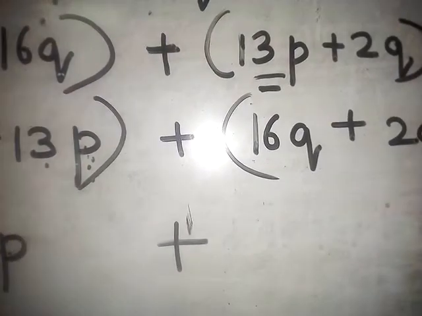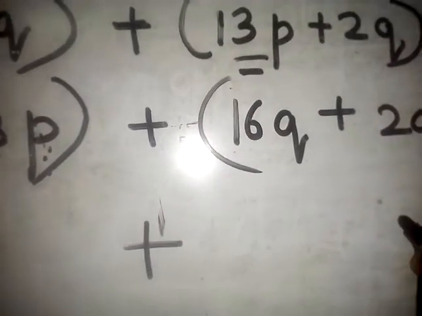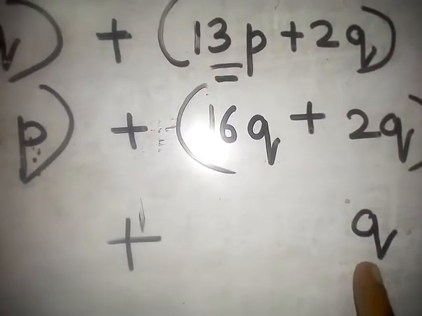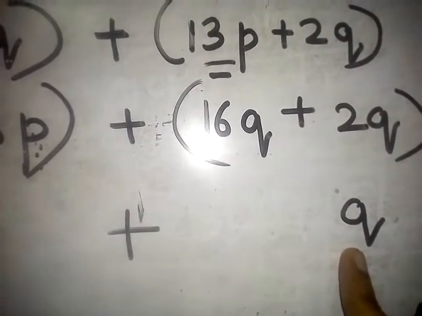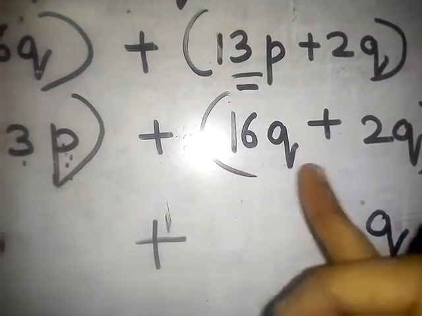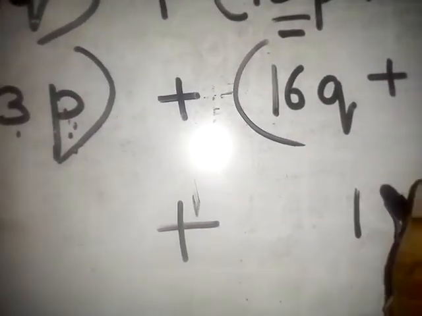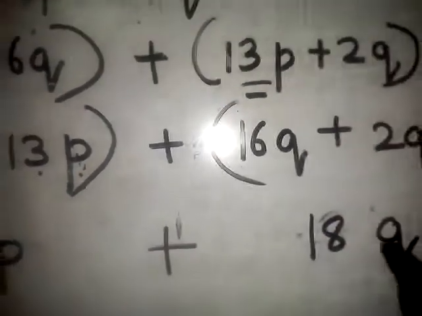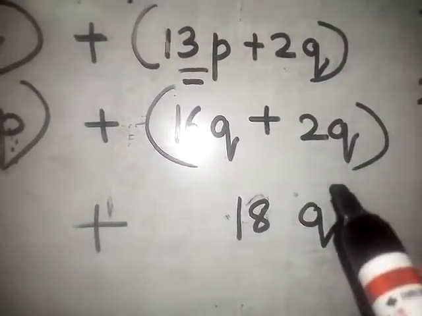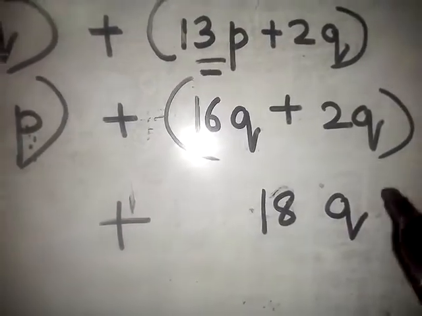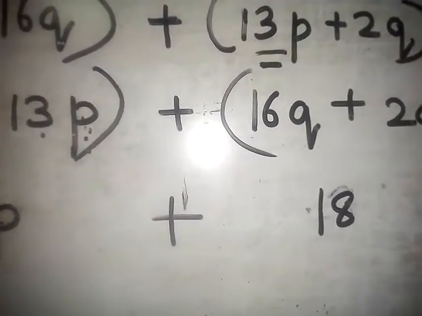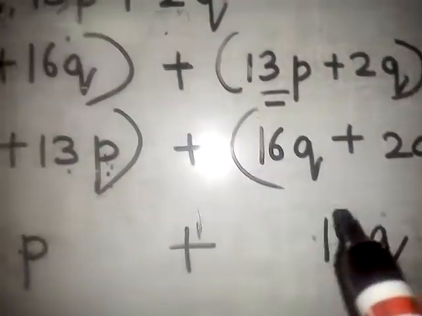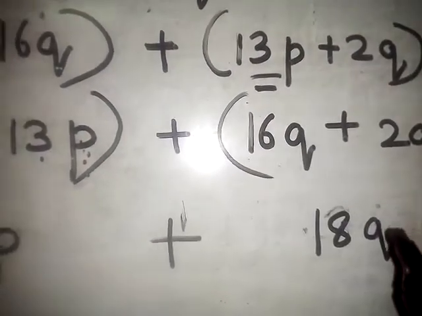If the variables are same, then in the answer you have to write that same variable. 16 plus 2 is 18q. When you are adding, your answer also has that variable only. Variables cannot be added. Only the numbers can be added.